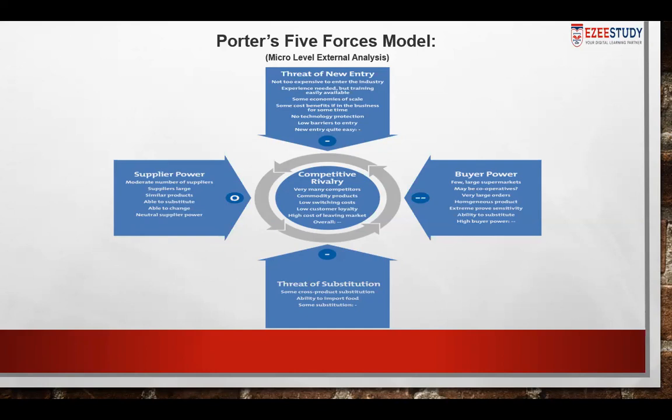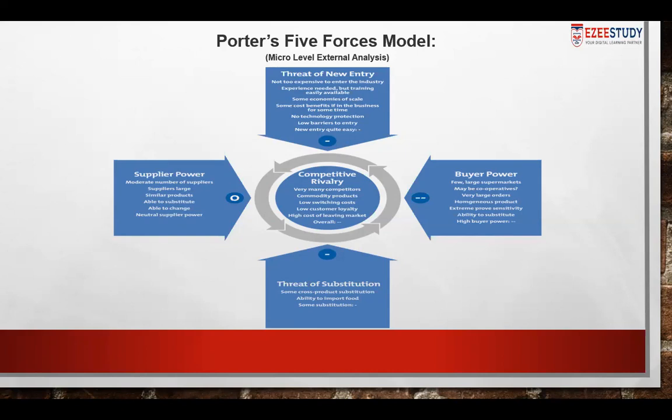According to Porter, if any organization fails to take these factors into account, there's a great chance that it may come up with an unsuccessful strategy. So they must look at these 5 forces before they draft or implement any particular strategy. Now, these 5 forces are the threat of new entrants.